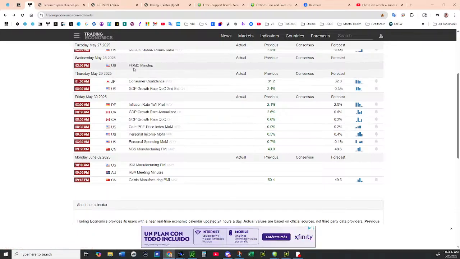We also have FOMC. I don't think there's going to be much more view in the FOMC minutes on Wednesday. I think the most important thing can be PCE and GDP on Thursday and Friday respectively.